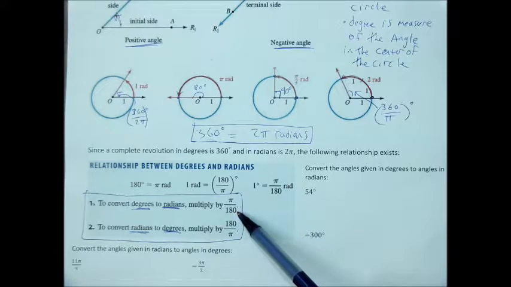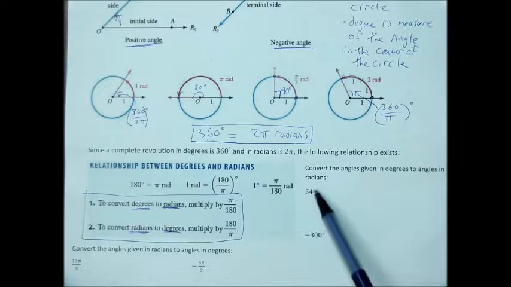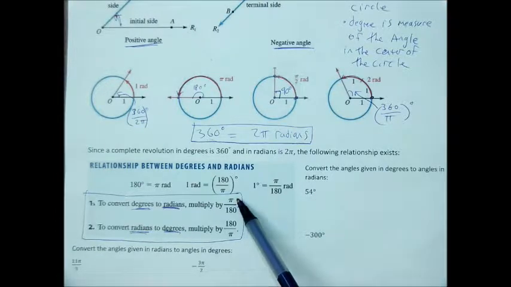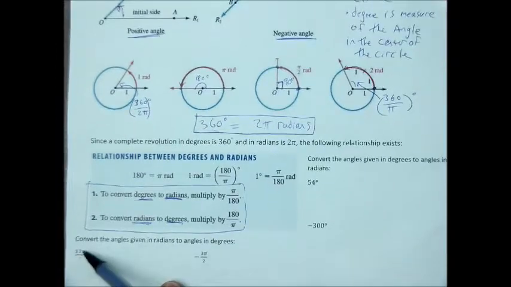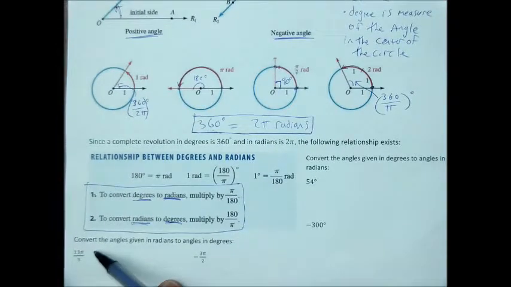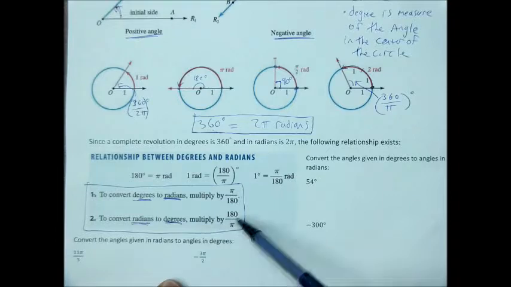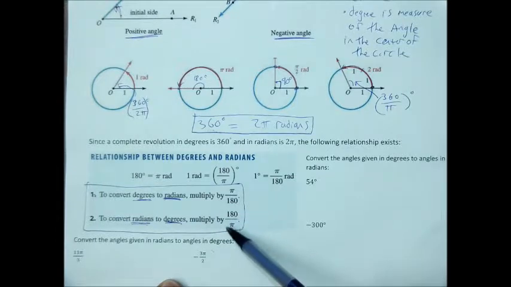And so when we divide by 180 degrees, see that there's a degree sign right there? It'll cancel out the degree, and we give it a pi, which will give it a radian, right? And so on these problems where we want to convert from degrees to radians, we're going to multiply by pi over 180. If we want to convert from radians to degrees, like these, then we're going to multiply by 180 over pi, because when we multiply by 1 over pi, it'll cancel out the pi, and then we'll give it a degree. Right, and we'll see that in just a second.